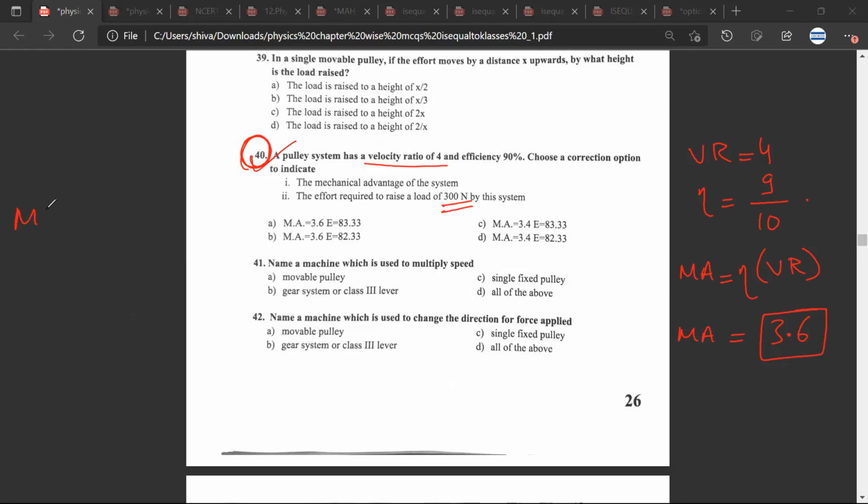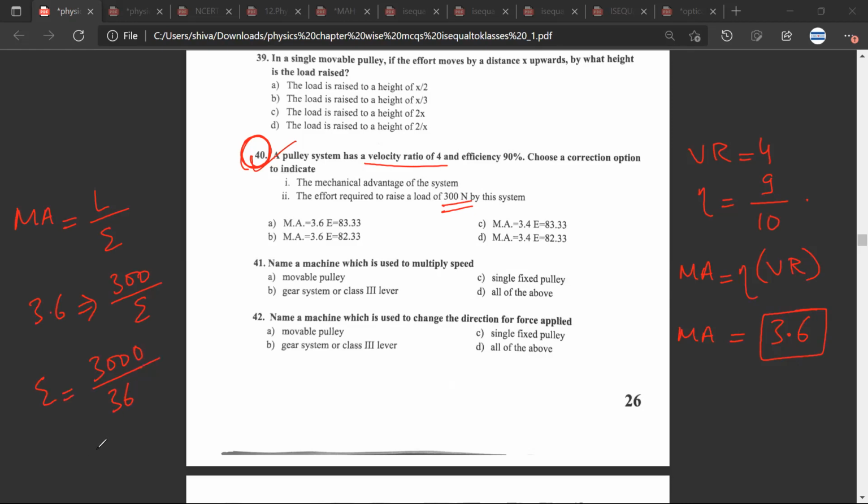So mechanical advantage is equal to load upon effort. 3.6, load upon effort. So what would be the answer, Mr. CB?